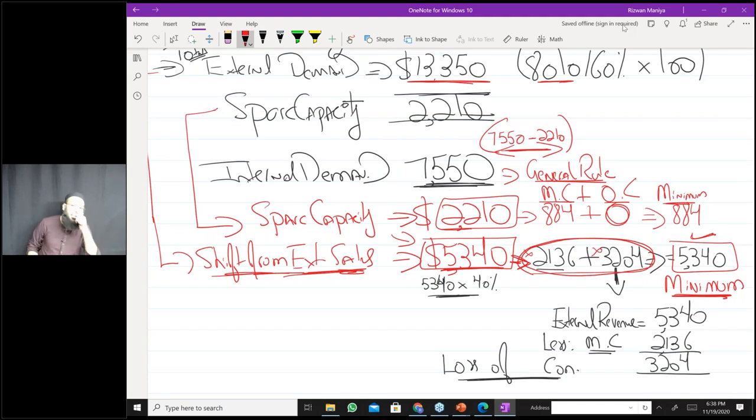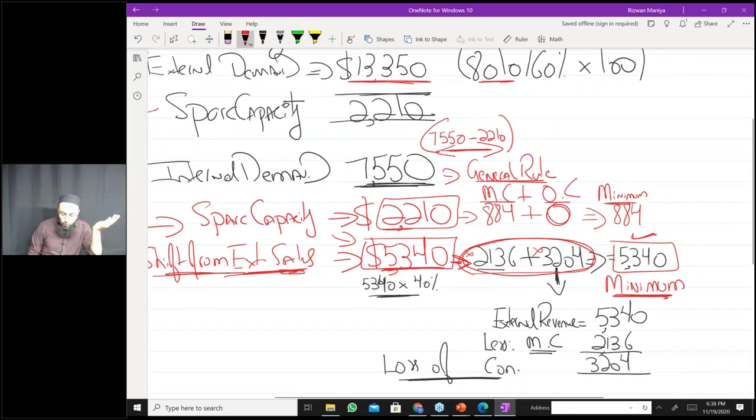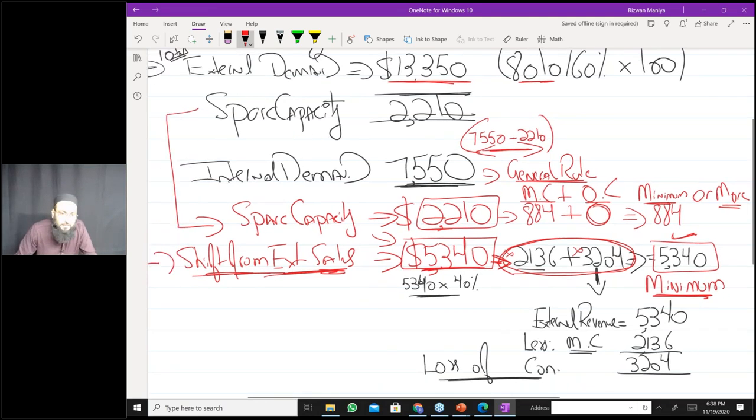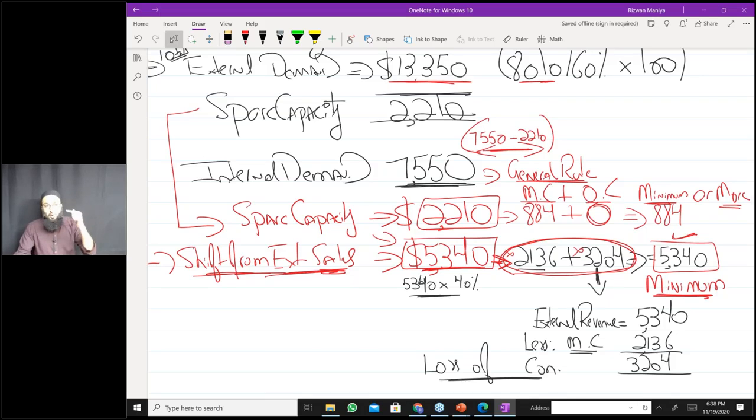You can charge a minimum of 884, but obviously you want to charge more than that. This is the minimum that you can charge. And yes, I did mention in the general rule, the first point says find out the minimum. So this is the minimum. Agreed? Guys, tell me. Agreed?